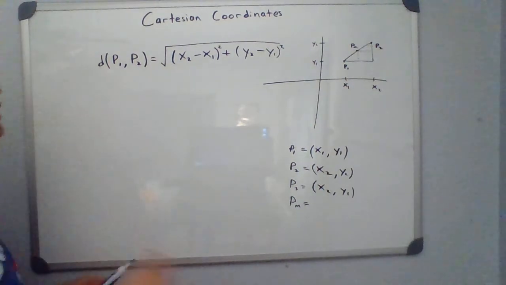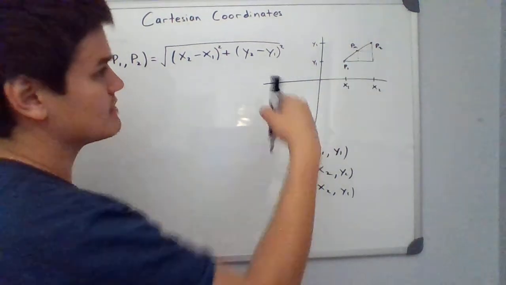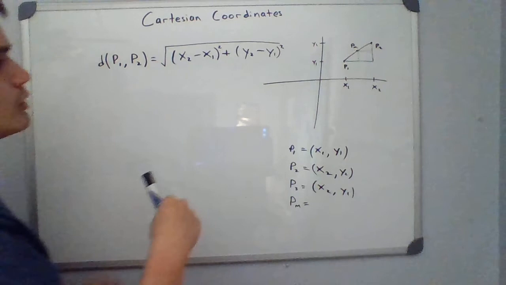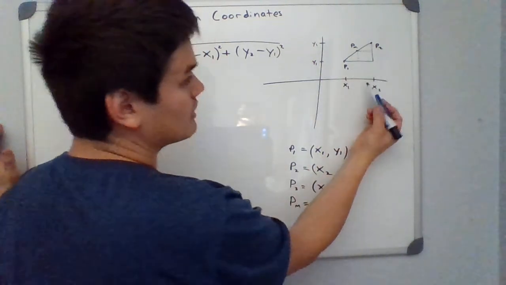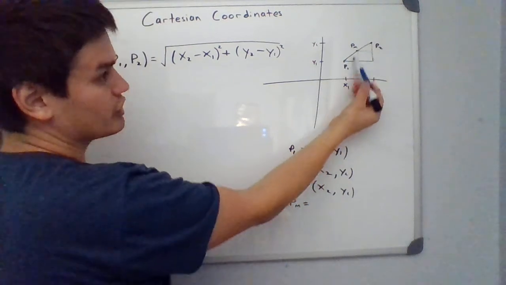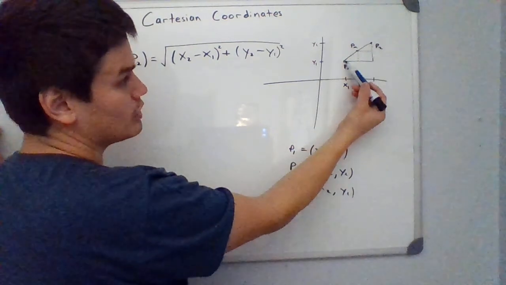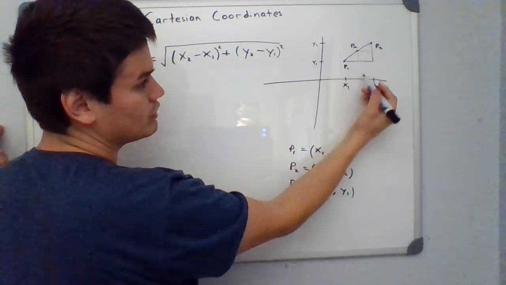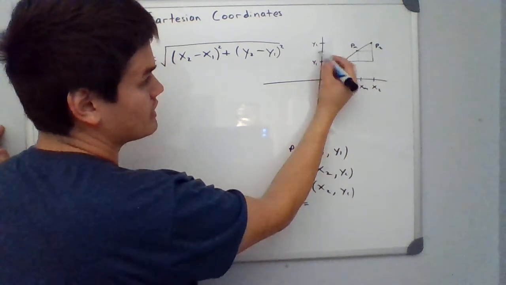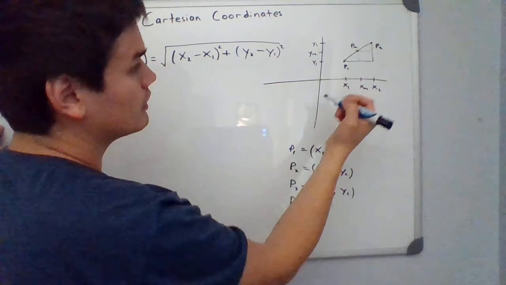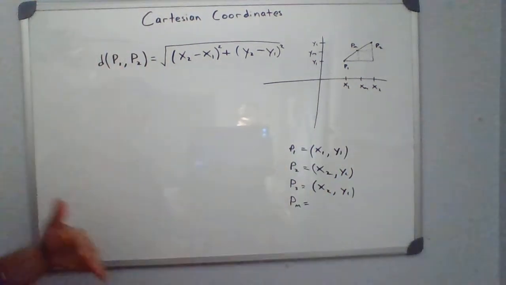And then if those are congruent, then we can prove that PM is the midpoint. And then we can use that result to say, well, we'll call this XM, and then YM. So I know PM is XM, YM.